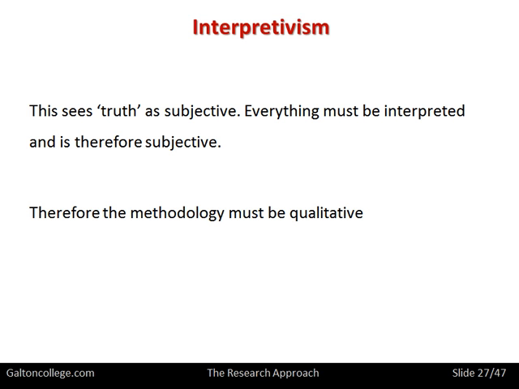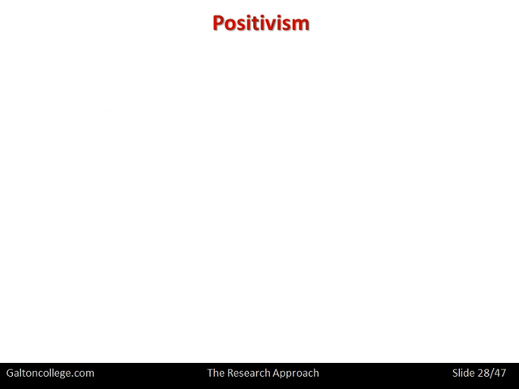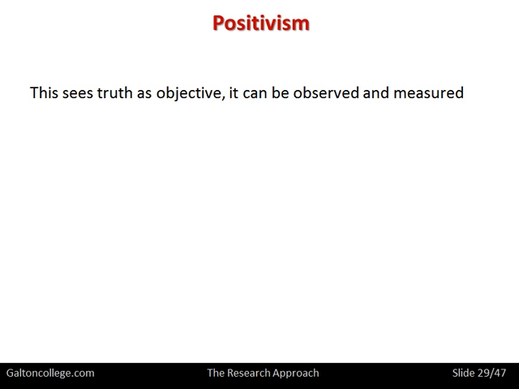The next one is positivism. This sees truth as objective and can be observed and measured. So there is a debate here between interpretivism and positivism. The debate is: are the facts objective or are they open to interpretation?